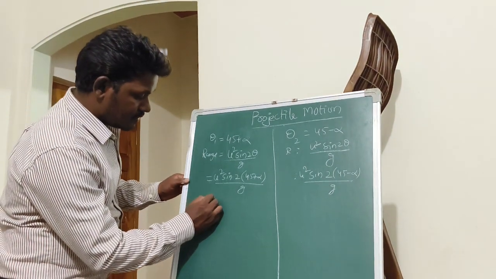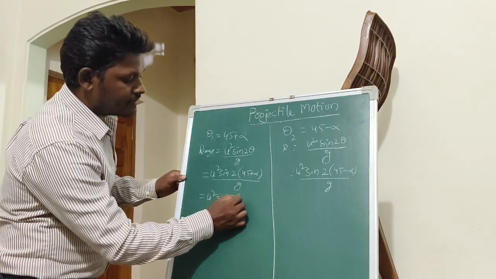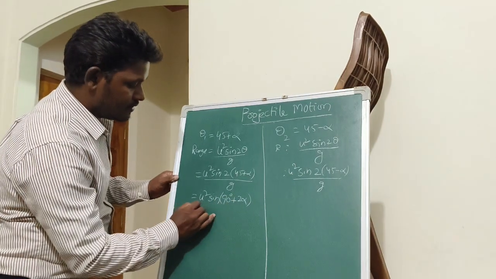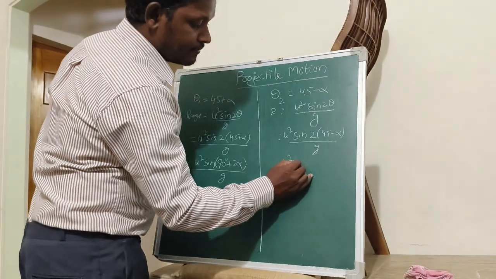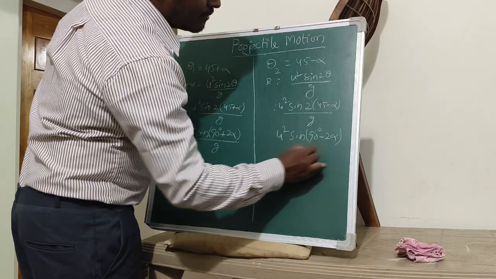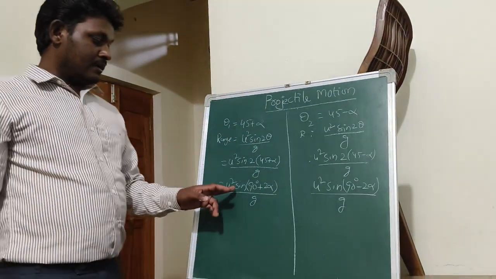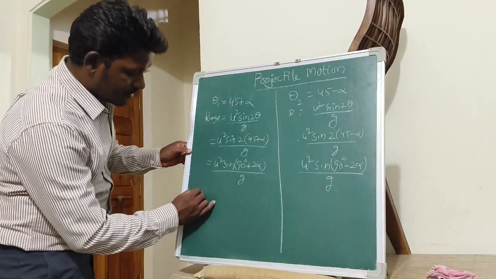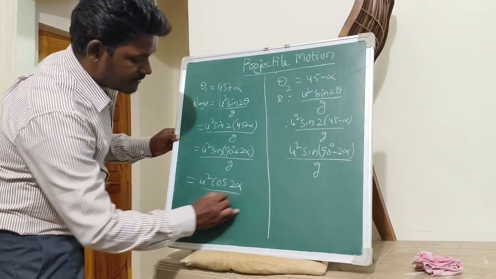Let us simplify this. Sin 2 into 45 is 90 degrees, and 2 into alpha is 2 alpha, so u square sin of 90 degrees plus 2 alpha by g, and u square sin of 90 degrees minus 2 alpha by g. Sin 90 plus theta is cos theta, so u square cos 2 alpha by g.